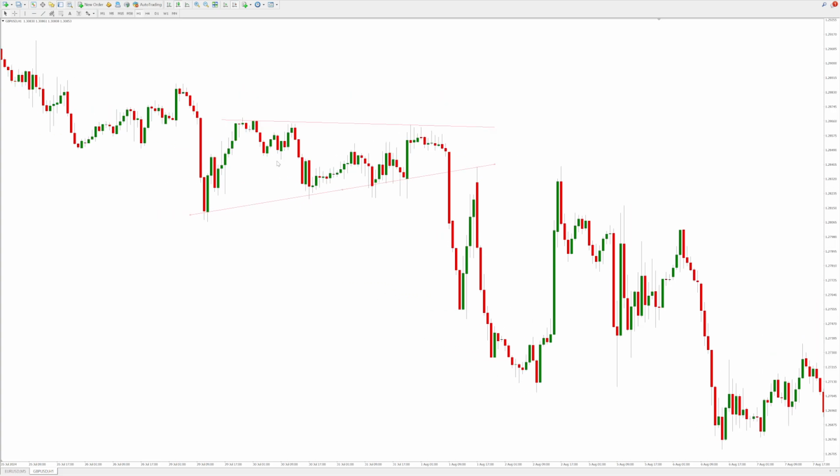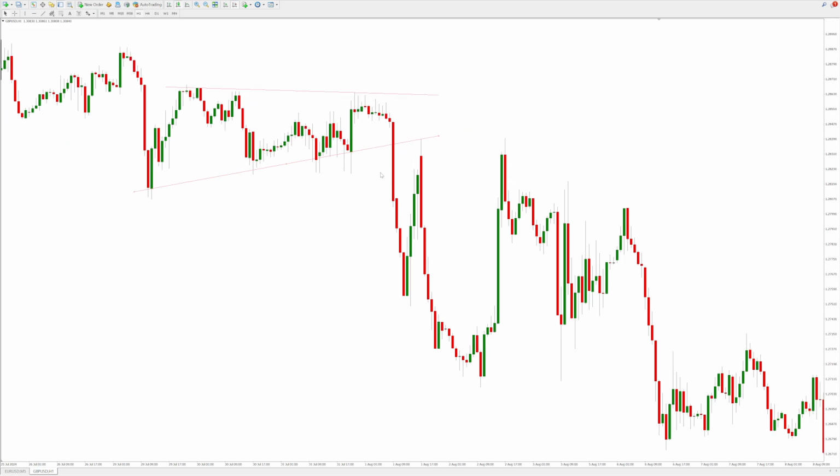Another broadening wedge pattern, as you can see here, mark the resistance, mark the support. You can see it's quite significant support. Level of support is hit multiple times, holding up well. So when eventually it does break, it breaks with some force downwards, which is why you could use pending orders.